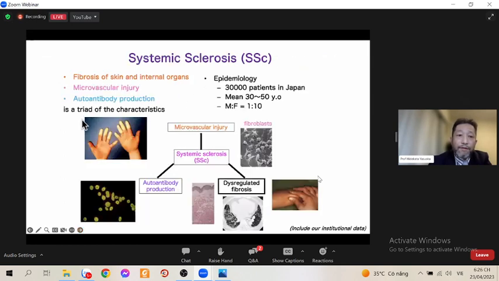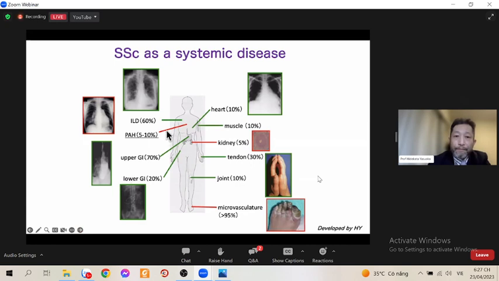Systemic sclerosis, as you all know, has the triad: fibrosis of skin and organs, microvascular injury, and autoantibody production. We have to manage the fibrosis and remodeling, but we do not have very good treatment for this kind of management.